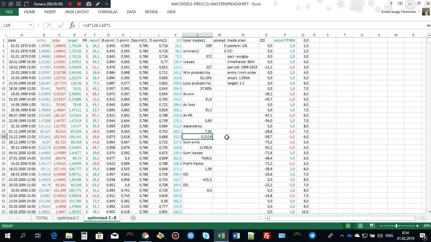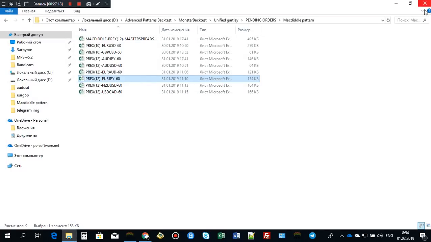So in each and every trade, just imagine that you are risking 1% per trade. This means that in each and every trade you generate 0.21 percent. So these are the results of this Mug Needle pattern.